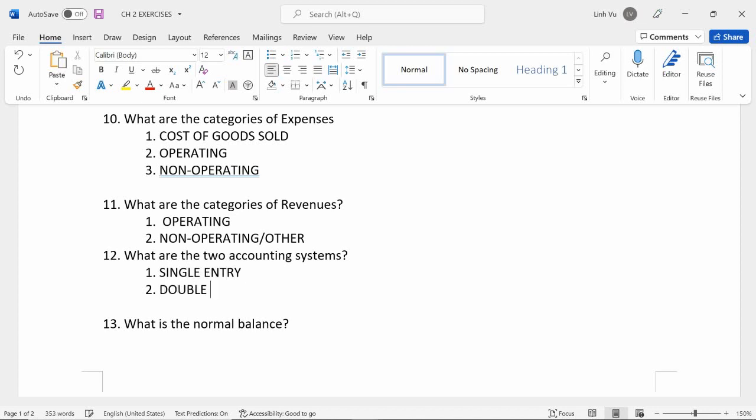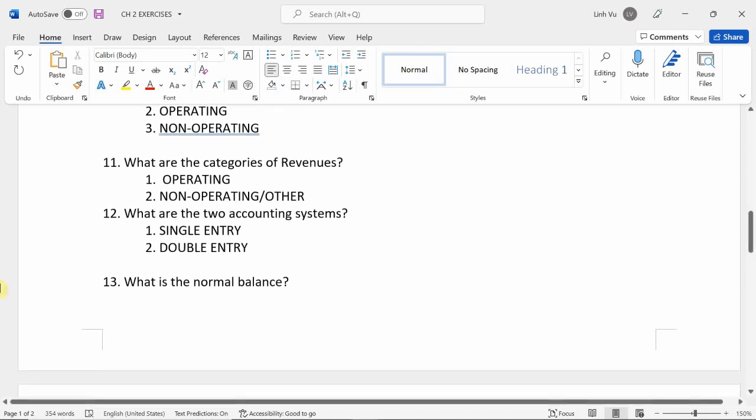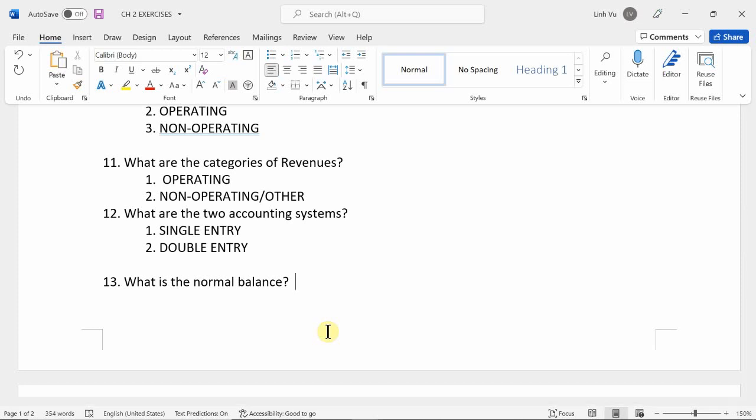Good, excellent. And then 13 is, what is the normal balance? Assets equal liability and equity. That is the accounting equation.